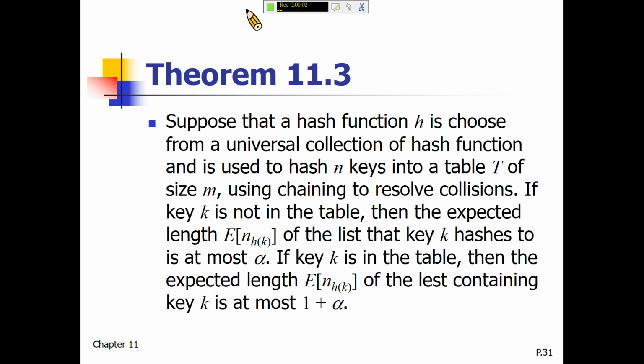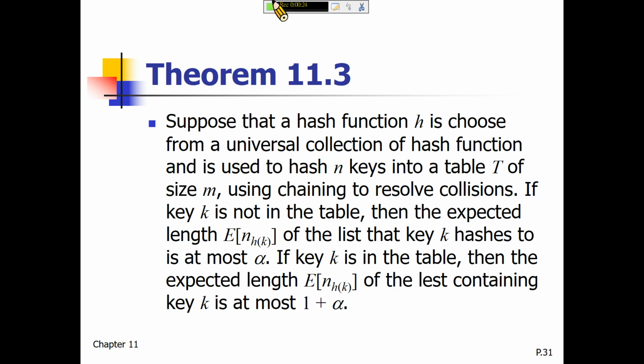So here's Theorem 11.3. Suppose that a hash function h is chosen randomly from a universal collection of hash functions and has been used to hash n keys into a table T of size m, using chaining to resolve collisions.